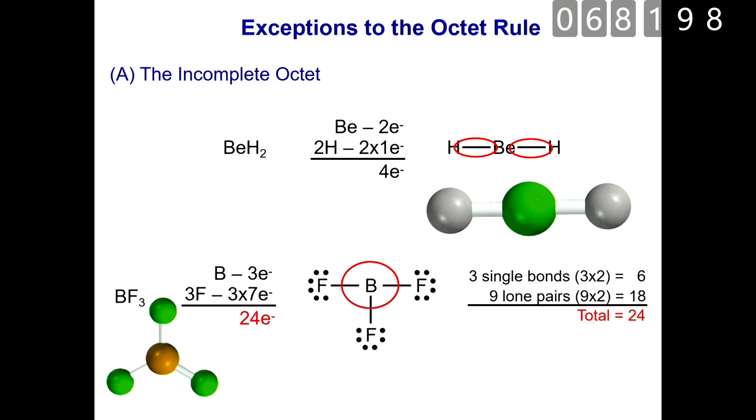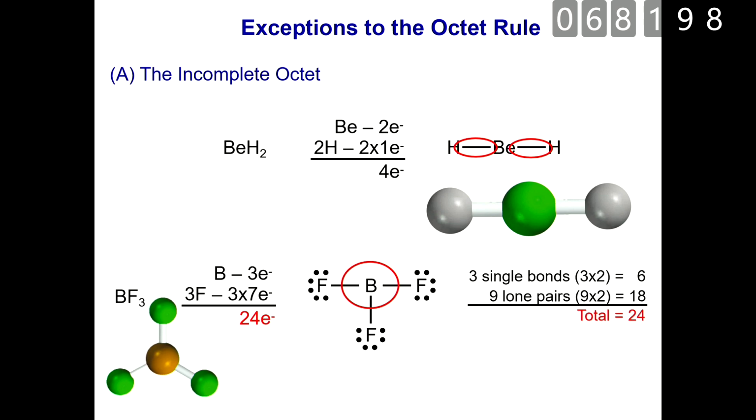So, for example, first is called the incomplete octet structure. For example, in this structure, this center atom has only 4 electrons. It doesn't have 8 electrons, but this compound is also stable.